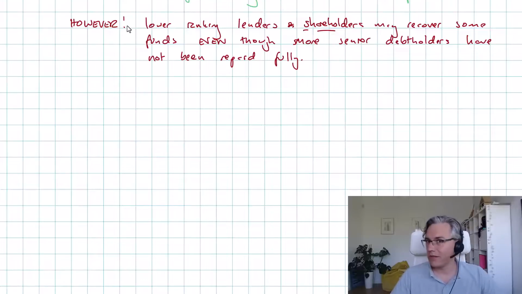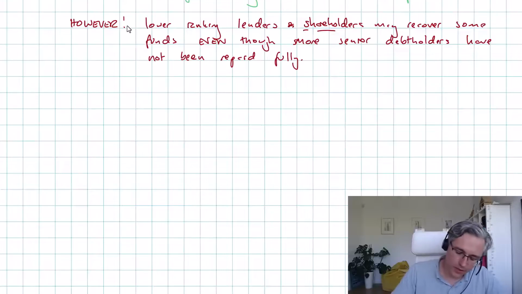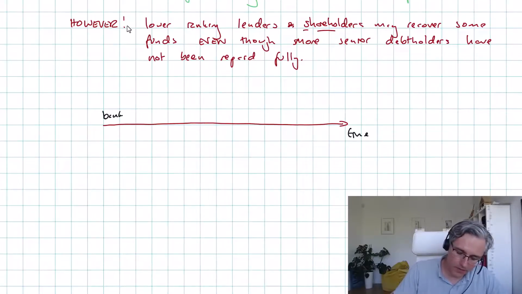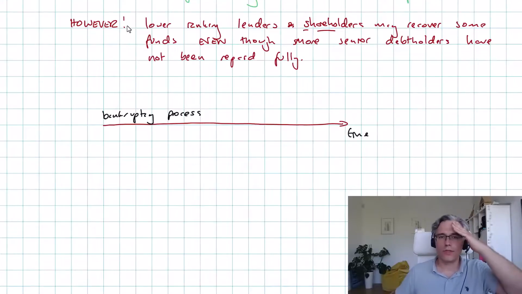Now the question is why? Well, it's to do with accelerating the whole process. You see, bankruptcy doesn't just happen overnight. Bankruptcy is a process that takes time. So this is the bankruptcy process. And in the case of bigger businesses, this can take a long while, especially if you've got lots of different categories of financial claims, different categories of bonds, collateral, etc. And everything has to be sorted out.